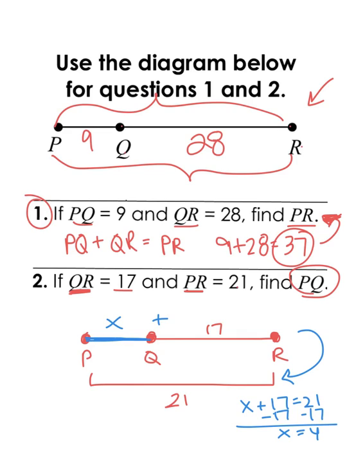I could also think about, well, if the total length is 21 and I already have 17 of it, I could take away the 17 to see what was left for this length of x. And I'll get the same answer. X has to equal 4. So the length of PQ, always go back to the question, the line segment PQ has a length of 4.